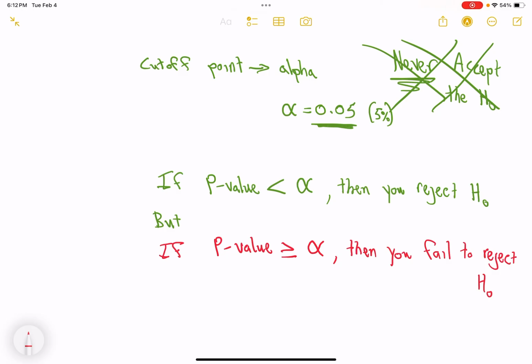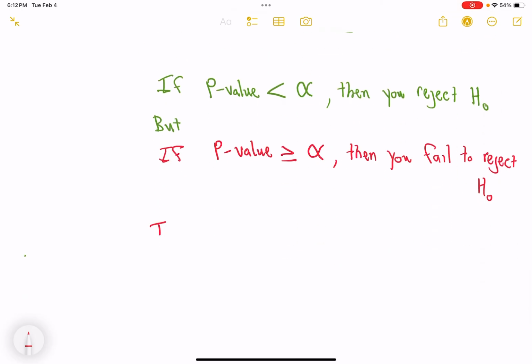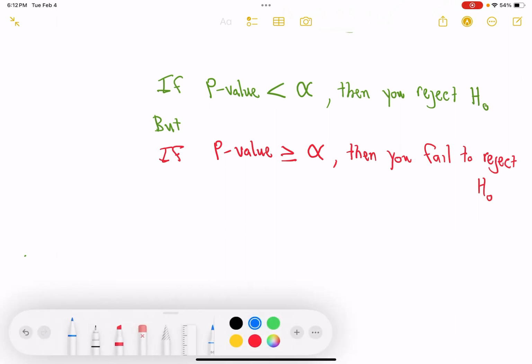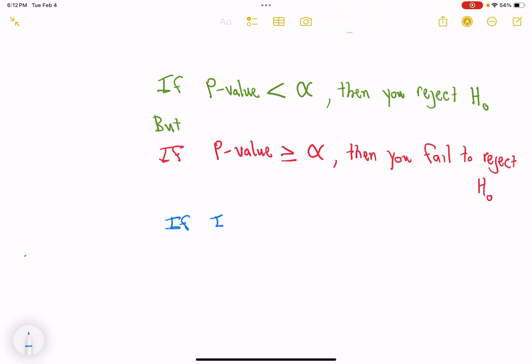Another way to think of it: if I can show beyond a reasonable doubt, and how do we define beyond a reasonable doubt?